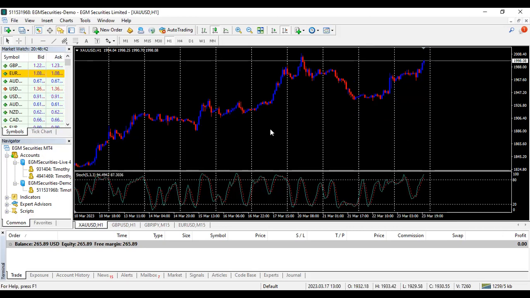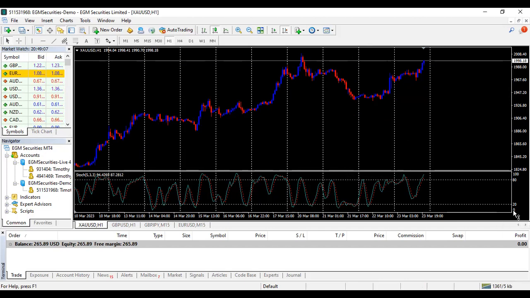So once you do that, you see that this is now the stochastic. It appears below the market, in the window below the market. So you can see this is the stochastic oscillator. It has two lines. You can see the red line and the one which is green. Okay, so basically, when you are using this indicator, it shows you instances of overbought or oversold, right?